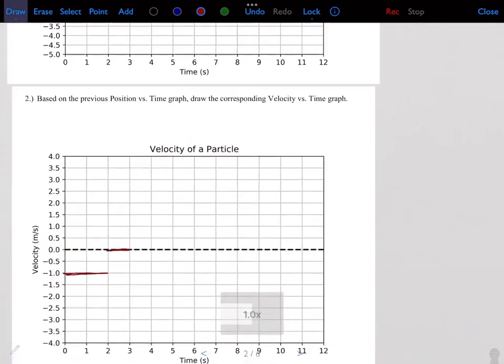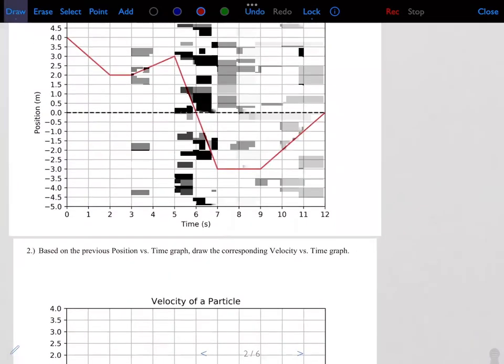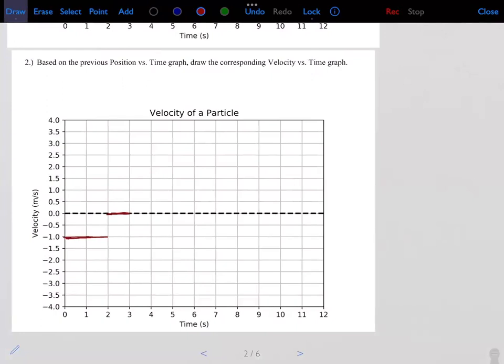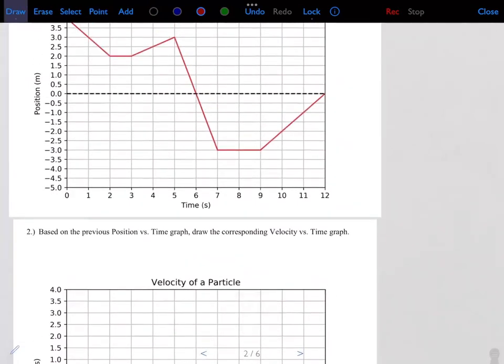Then from 3 to 5, I think we already calculated this as a half, right? It goes up 1, so rise is 1, run is 2, so 1/2. So like that. Then from 5 to 7, it's going down 6 over 2, so -3.